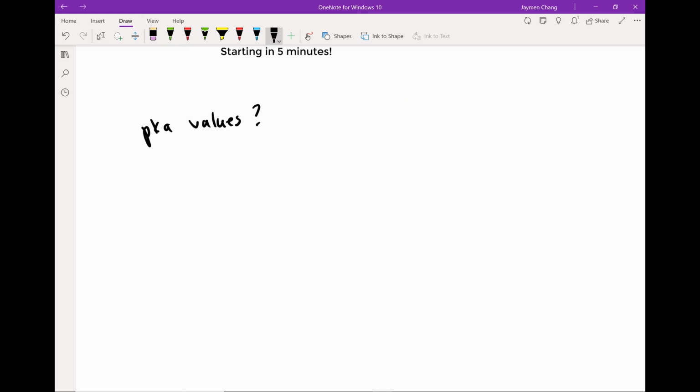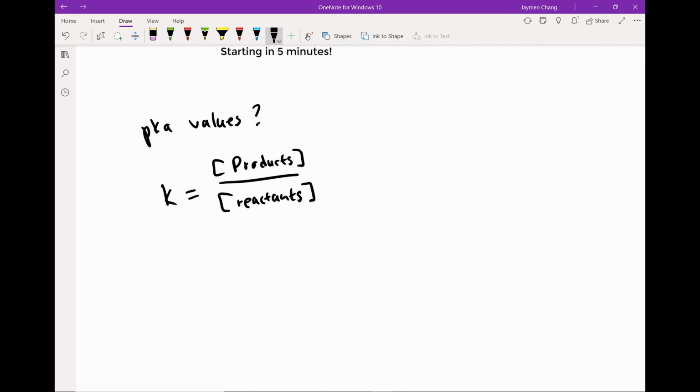Well, pKa values describe how acidic something is. Or it's the acid dissociation constant. So what does that actually mean? If we think about it, a K value is essentially the ratio of the products to the reactants.